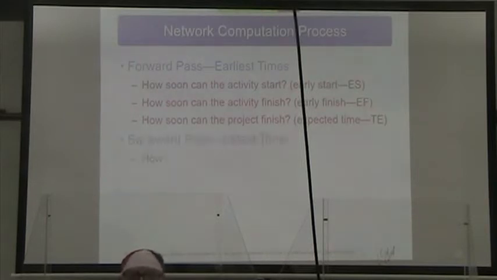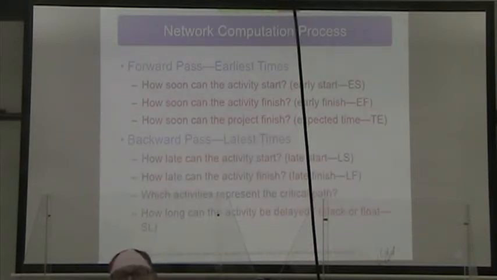Then, after we've done the forward pass, we do the backward pass. How late can the activity start? So we calculate the late start. How late can the activity finish? Which activities represent the critical path? And how long can the activity be delayed? Which we call the slack or the float.